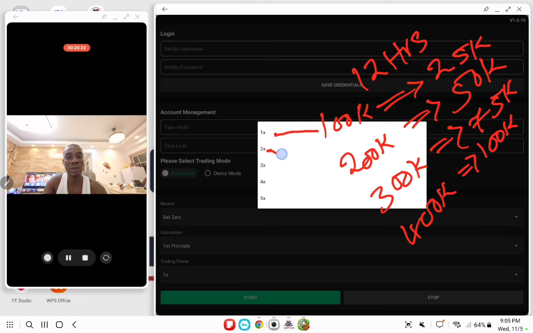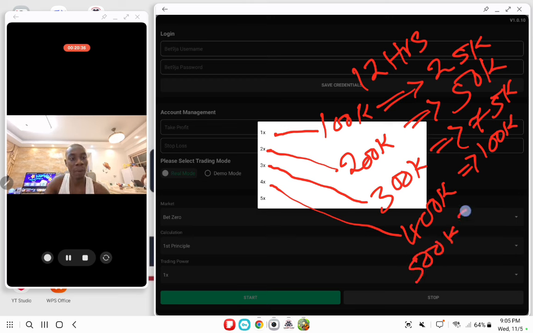This person is using this, and this person is going to be using this with the amount he has, while this person will be using this. You understand? Someone with 500k will be making 125k, and that person will be using this. Okay, so that's the difference. I hope you understand. Hopefully the explanation is clear enough. Okay, so that's how it works.